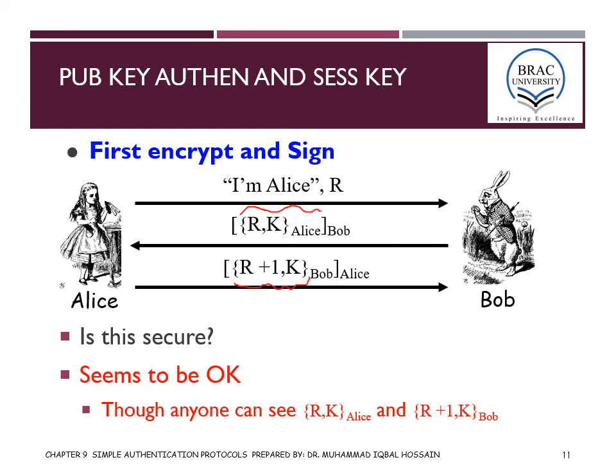Although Trudy received this part, she cannot decrypt it, because she needs Alice's or Bob's private key. So it is okay, but we are assuming that this encryption part is difficult to break. In that case, this protocol is secure.